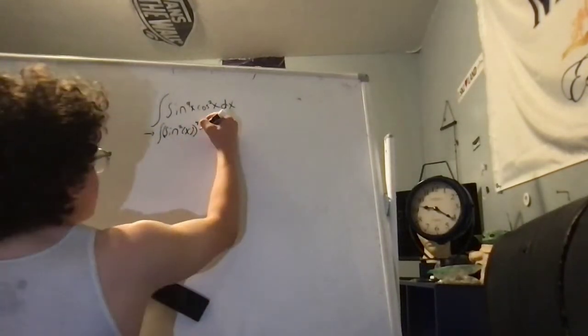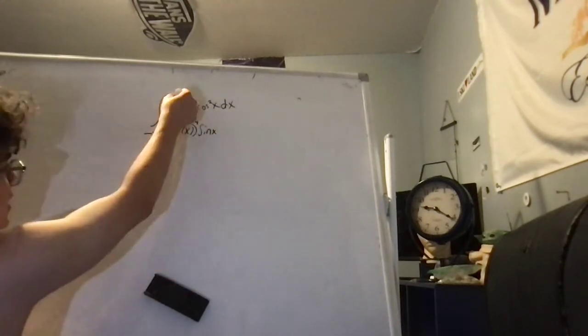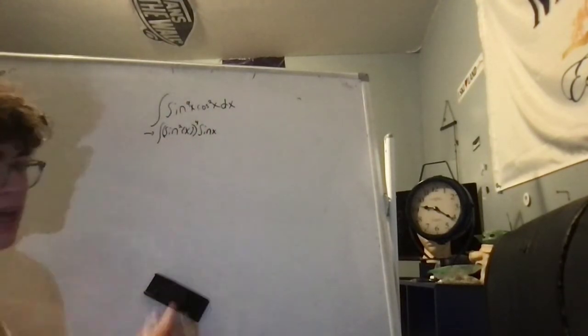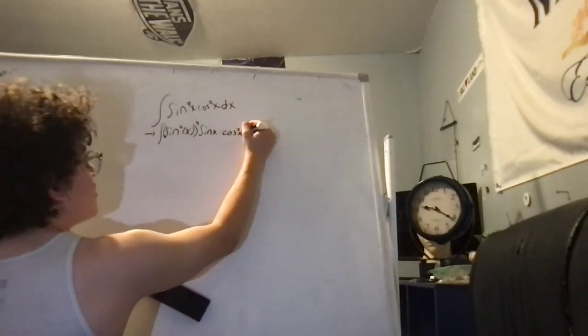And then if we multiply this times sine x, this is the exact same thing as sine to the ninth of x, just in a slightly easier to understand form. Now we're going to have our cosine squared x, and of course dx.